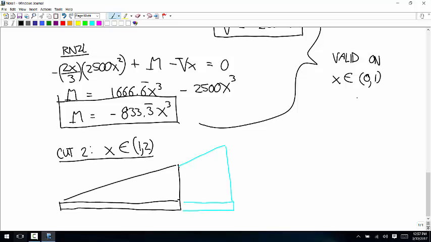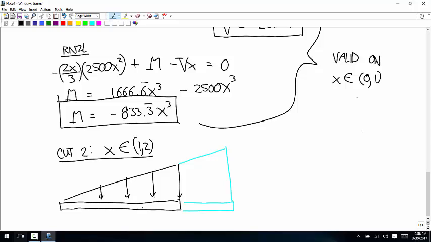This time, the part that we're isolating has that distributed load, like it did before.